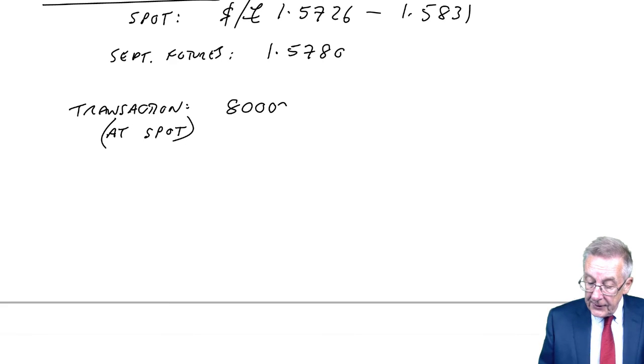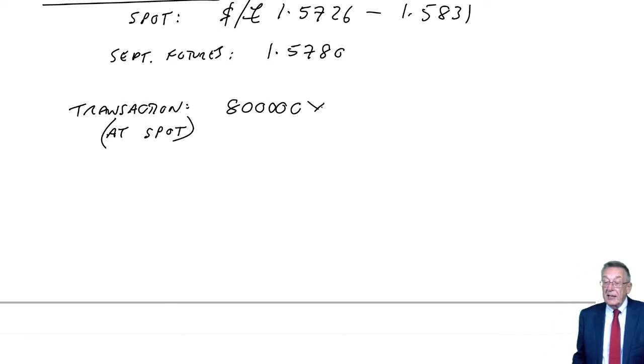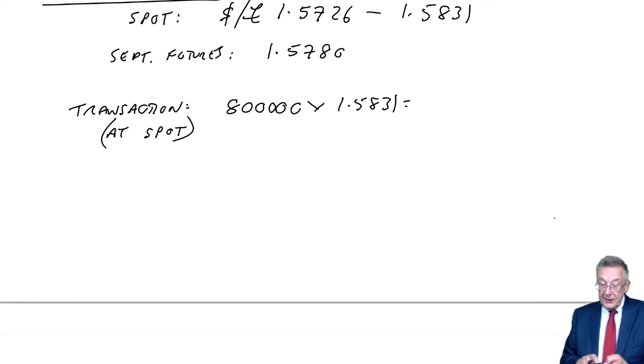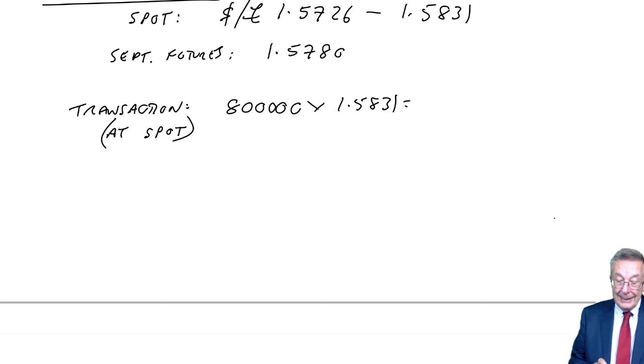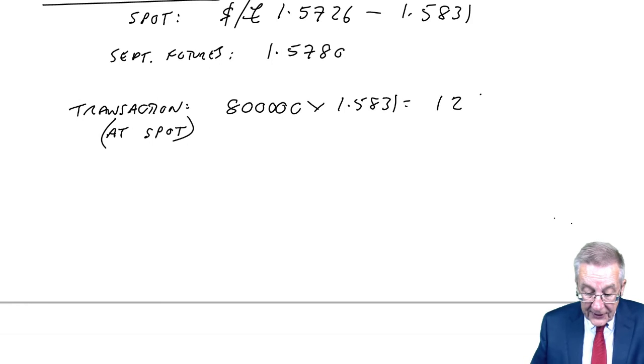So 800,000. Again, we're having to buy pounds, and so the higher rate, 1.5831. And so we end up having to pay $1,266,480.